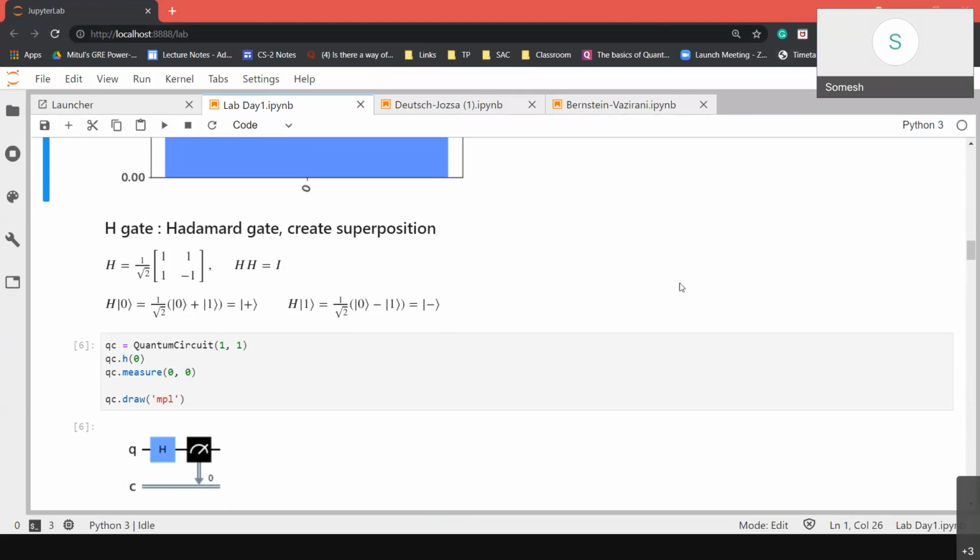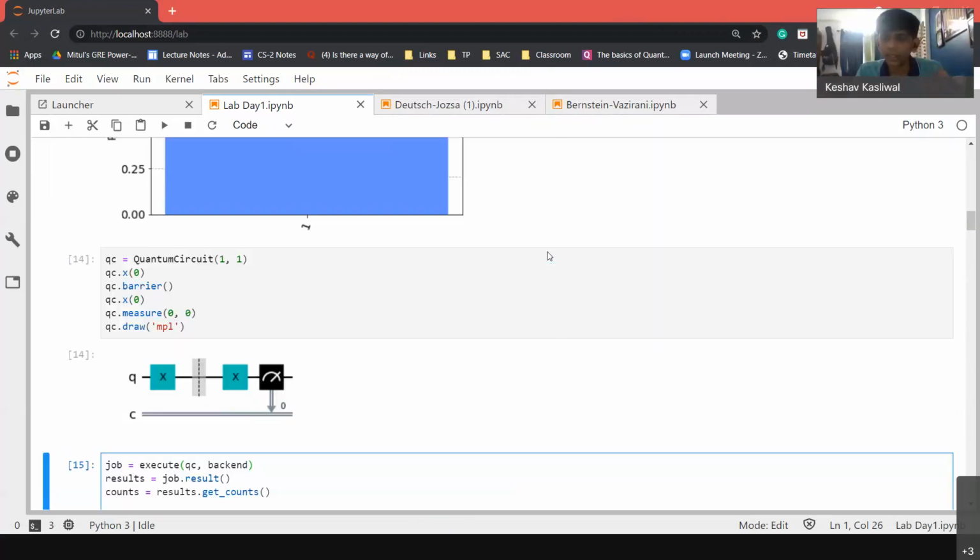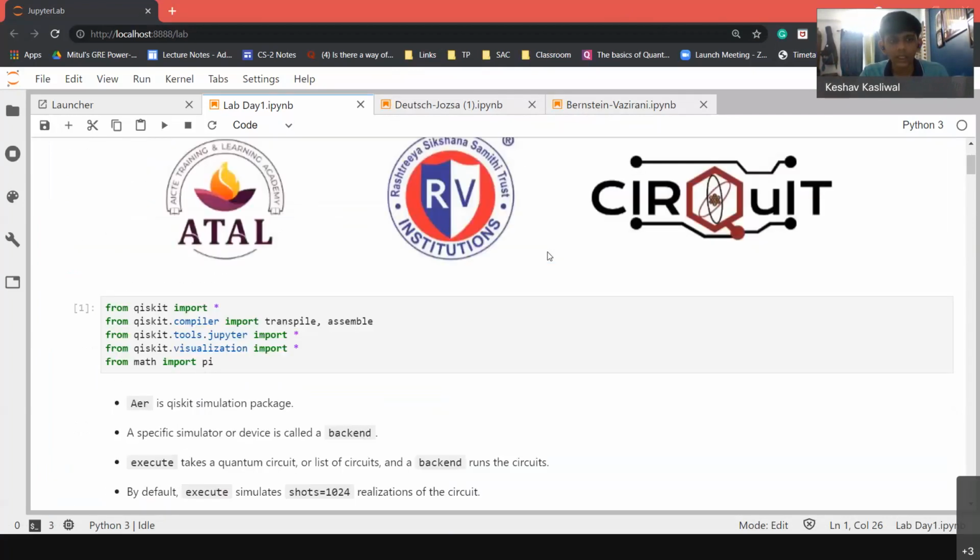Can you please show the features we need to import to begin with? Yeah, sure. I will share this Jupyter notebook in the drive link sent yesterday, so at your own pace you can see what libraries we have imported for better understanding. We do from qiskit import star over here.